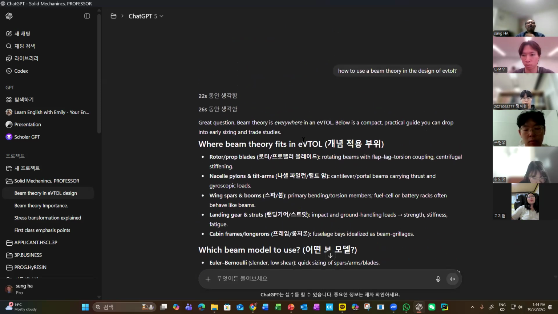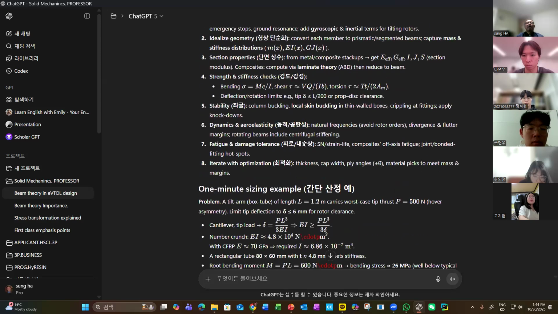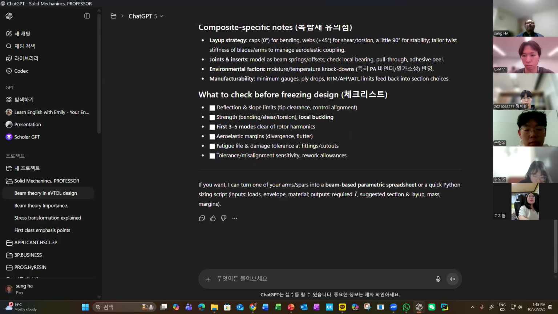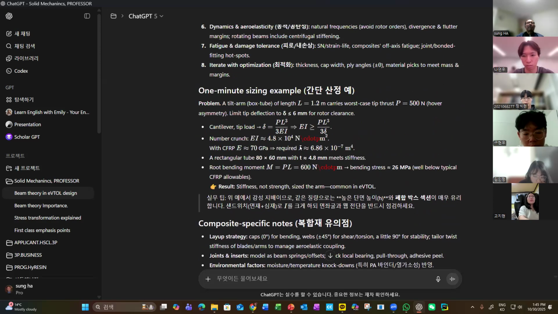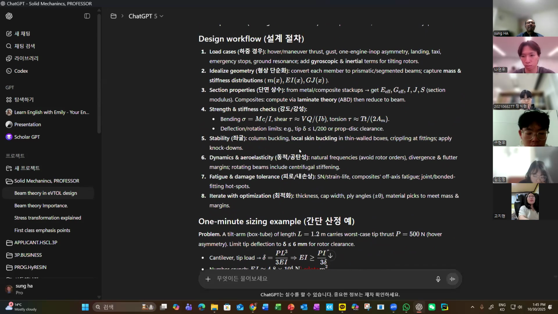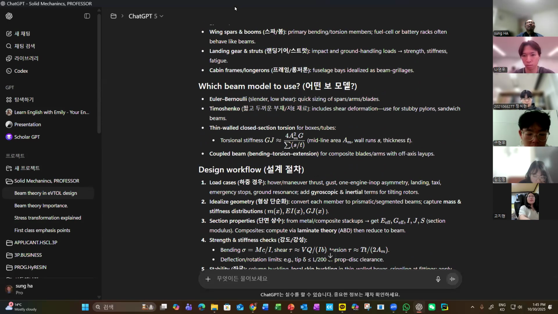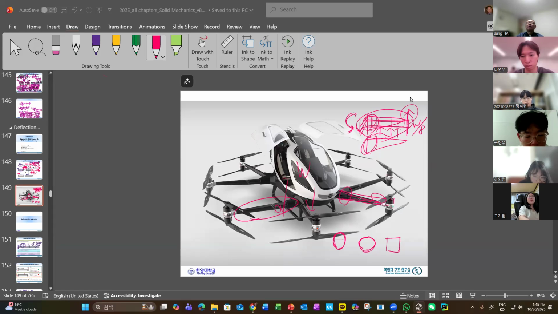Anyhow, this is the real design steps, not just a simplification. This is exactly the steps they take to design in the real world. So anyhow, this is one application we can study.